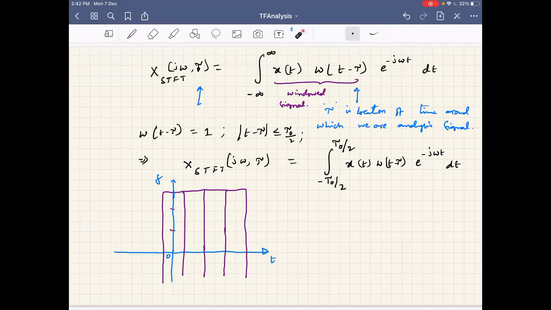If we would like to compute the short time Fourier transform at a given frequency omega naught, what is the strength of omega naught at time tau? Then what we do is take the inner product between x of t, w of t minus tau, and e power j omega naught t.